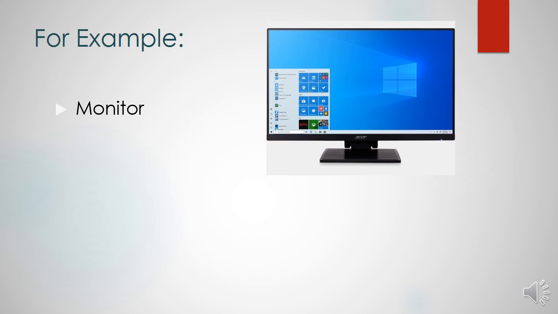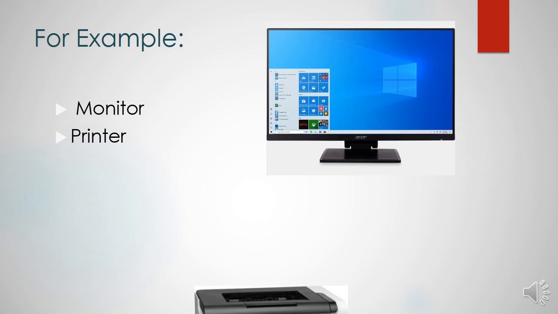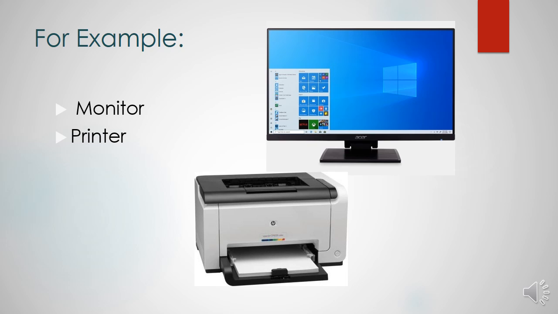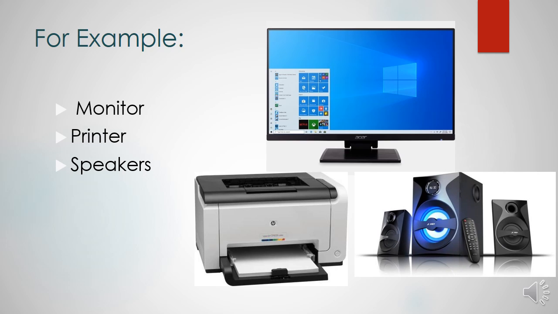Monitor shows output on its screen. Printer. By using printer, we can get output in the form of hard copy. Speakers. We can get output in the form of voice by using speakers.